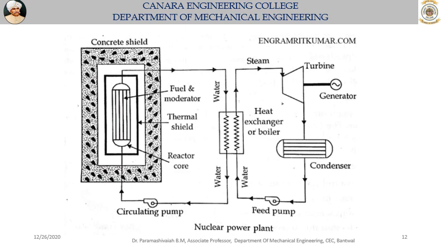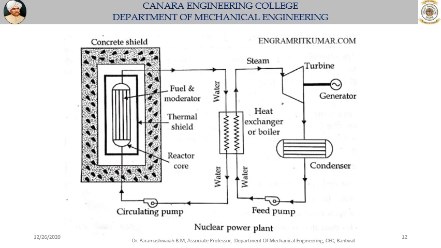This water enters at low temperature, gets heated up and becomes steam. The steam is taken out here and made to expand in the turbine. High pressure, high velocity steam strikes the turbine blades, and energy is transferred from the steam to the rotor blades of the turbine.